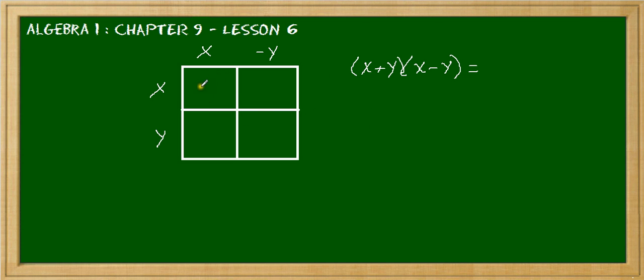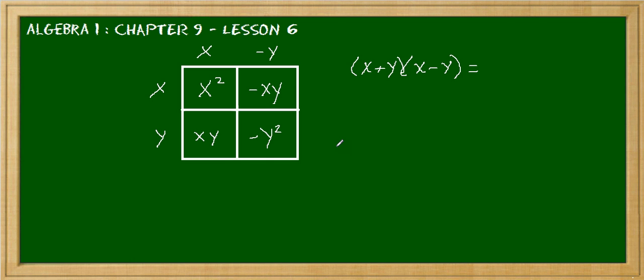So we have x squared, x times x, then x times negative y is negative xy, and then x times y is positive xy, which gives us a great opportunity here. We also have negative y times y, which is negative y squared. So what do we have here? We have a really unique opportunity.